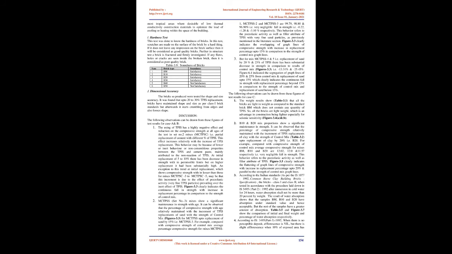This behavior refers to the pozzolanic activity as well as filler attribute of TPIS. Figure 3.5 clearly indicates the flattening of graph lines of compressive strength with increase in replacement percentage up to 20% and parallel to the strength of control mix graph lines.